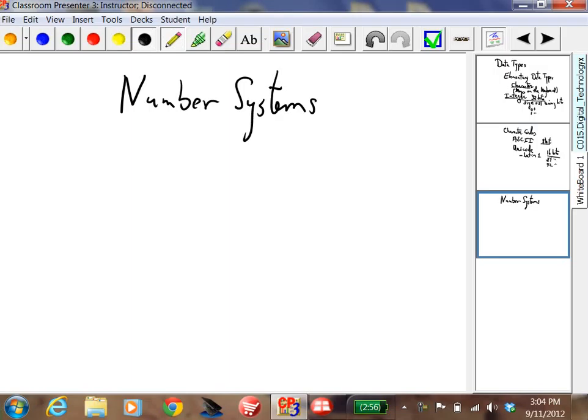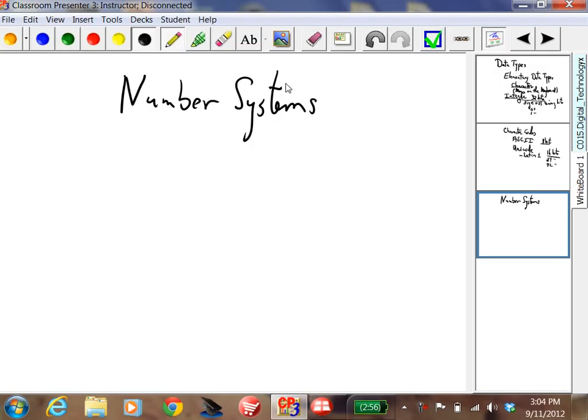So, what number systems did I talk about? Let's see. So it's on the wall. What number systems did I talk about?